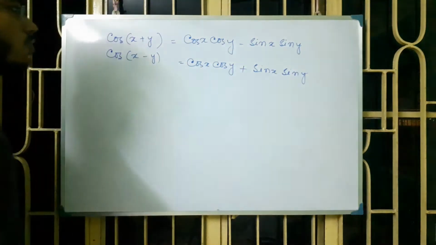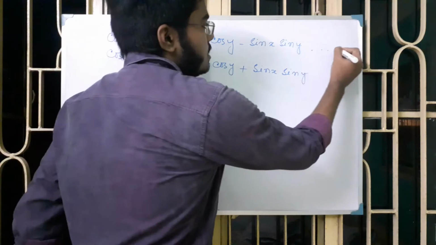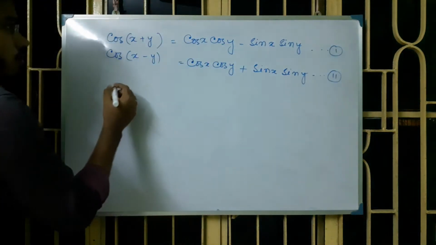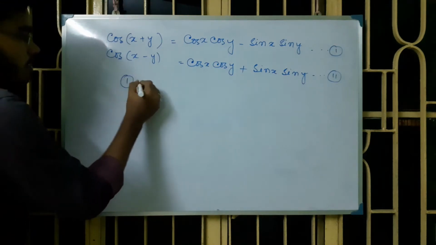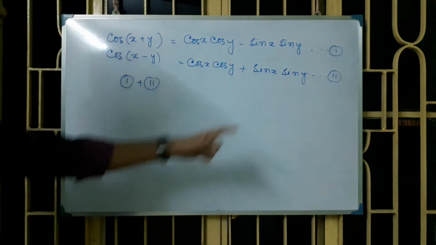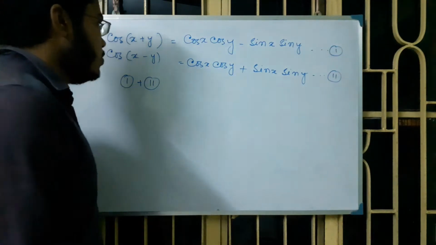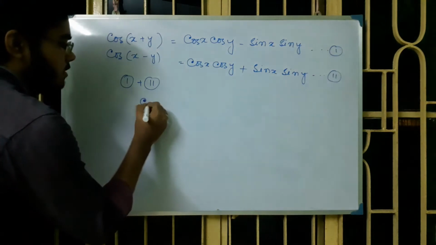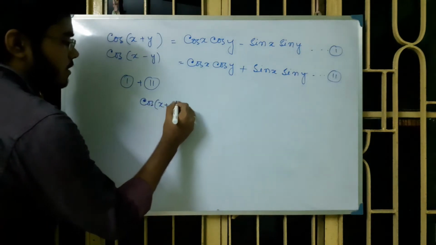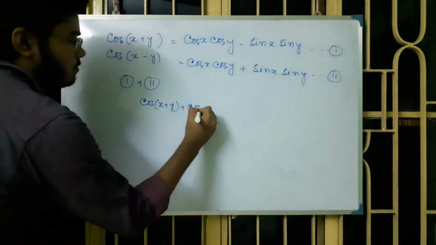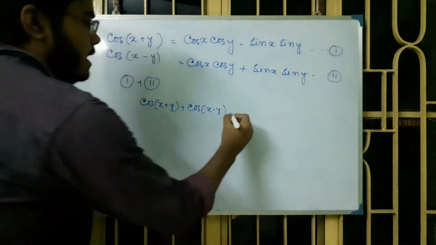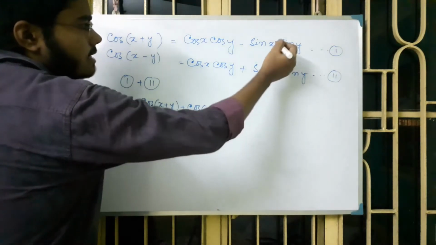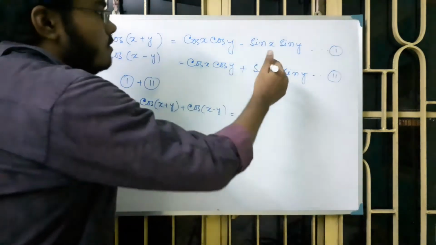So if this is equation number 1 and this is equation number 2, let's add these two equations. Adding equation 1 and equation 2, the left hand side is cos(x+y) plus cos(x−y), and this is equal to the right hand side. The sin x sin y terms will get cancelled.